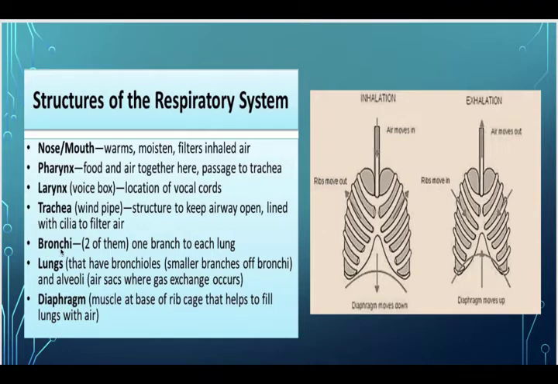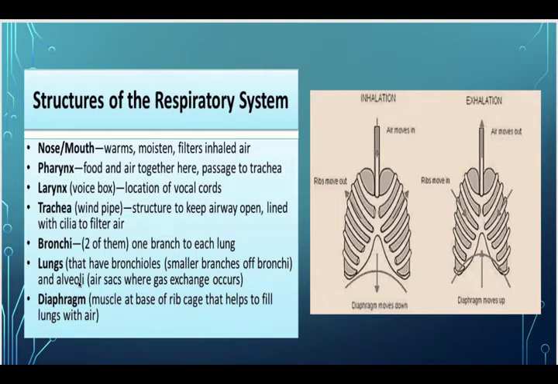Then it comes to the bronchi, which are two branches of our trachea through which air enters our lungs, one branch into each lung, and inside the lungs these are further branched into primary, secondary or tertiary branches, which are known as bronchioles, the small branches of bronchi.